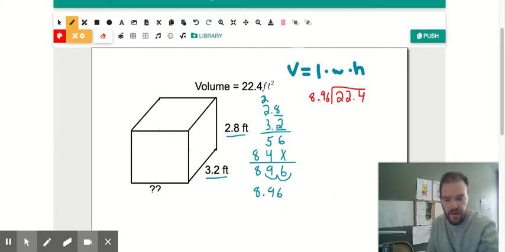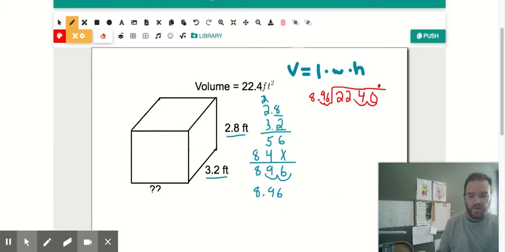Remember, we have to move our decimal place over 2, make this a whole number, and then move the decimal place over 2 here. When we do that, we make sure to bring our decimal points straight up.